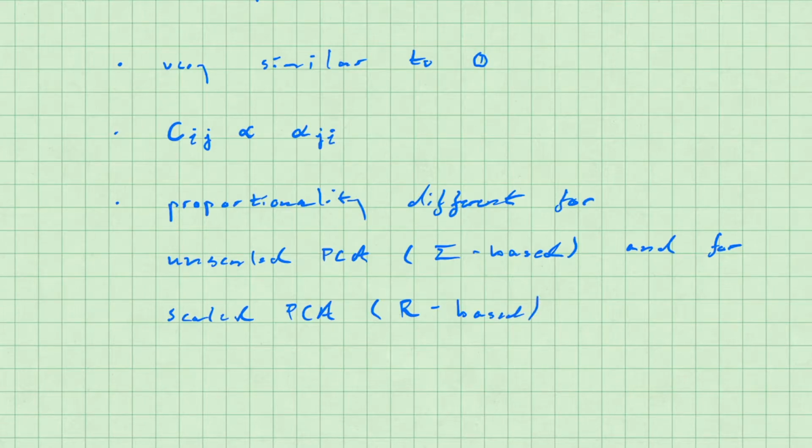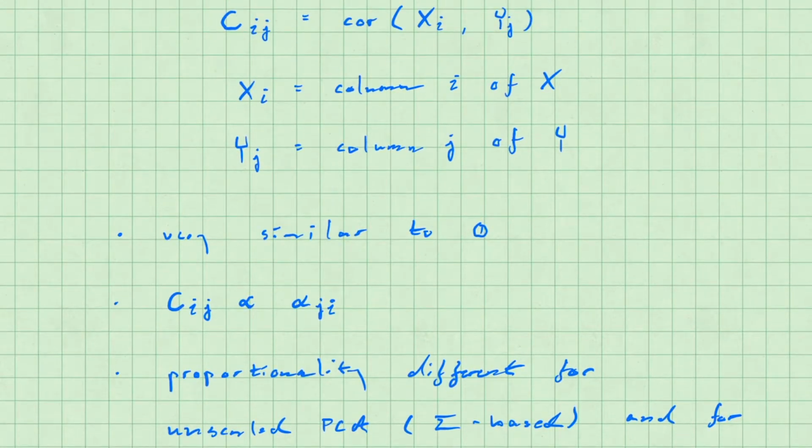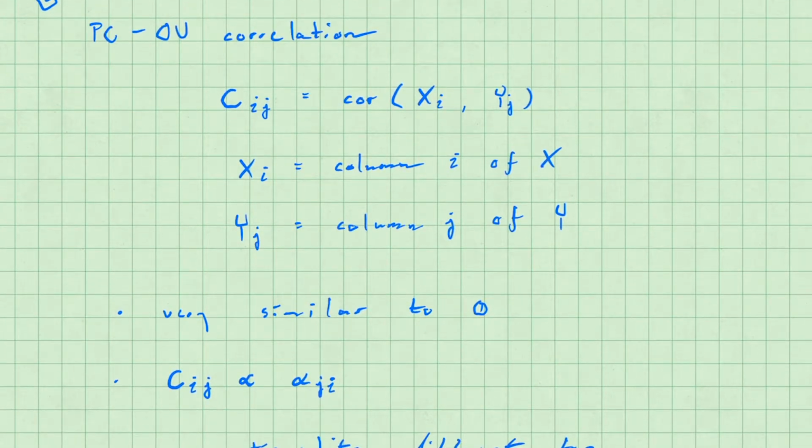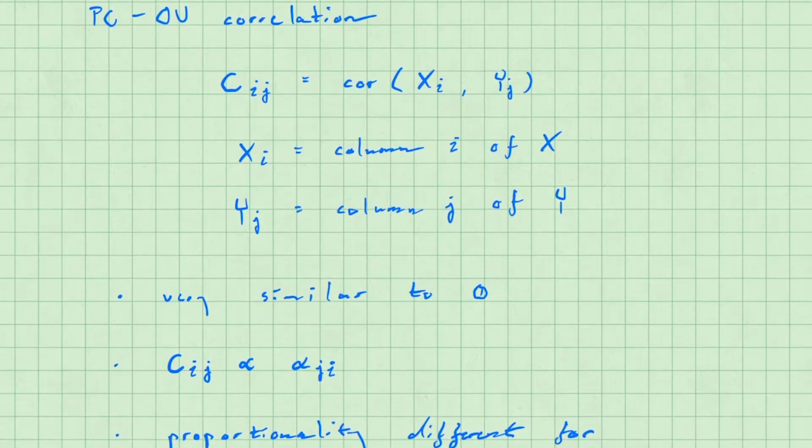When you do that, you get different proportionalities between the matrix of loadings and this correlation matrix of principal components and original variants. But they ultimately tell you the same information. They're just off by a scaling.